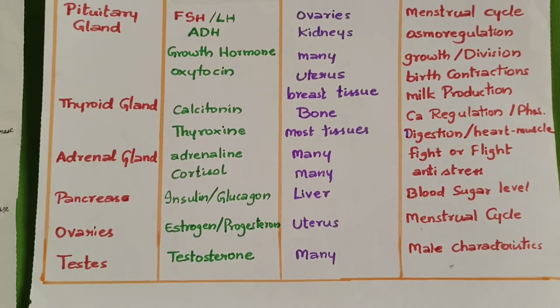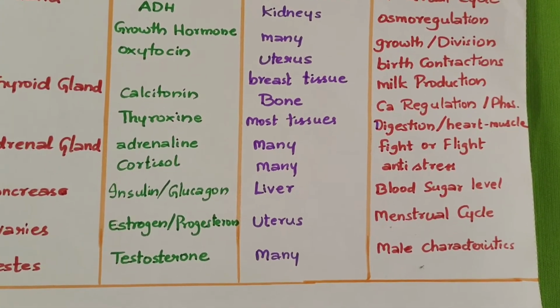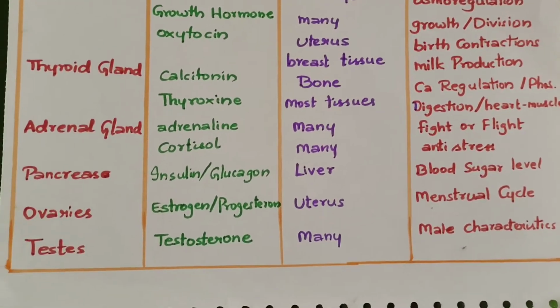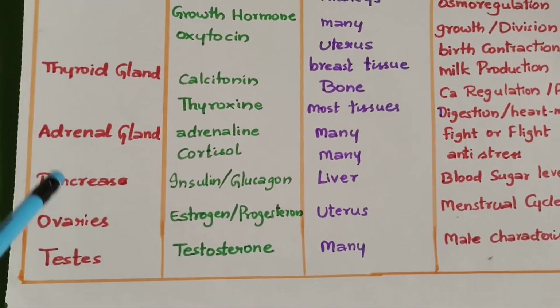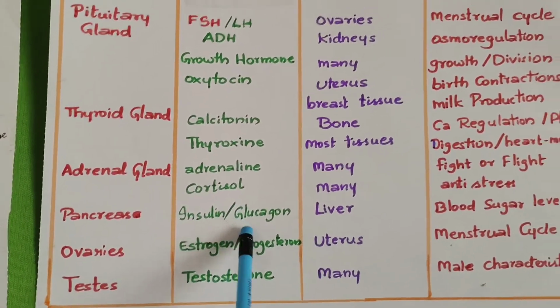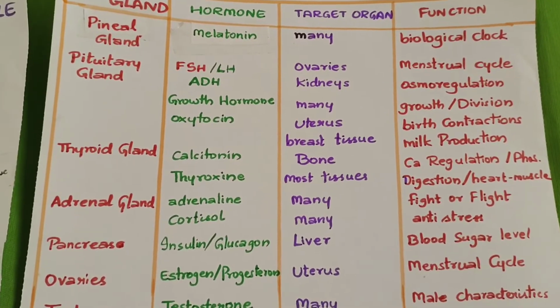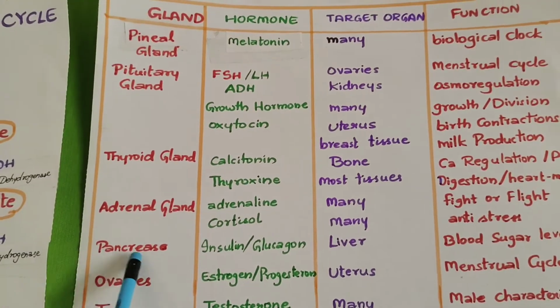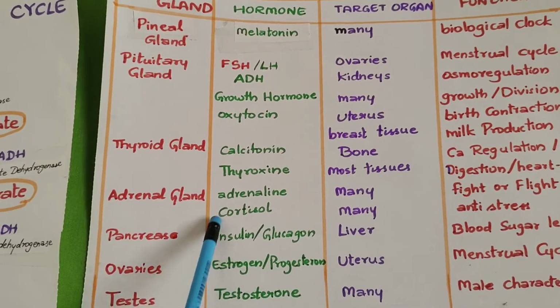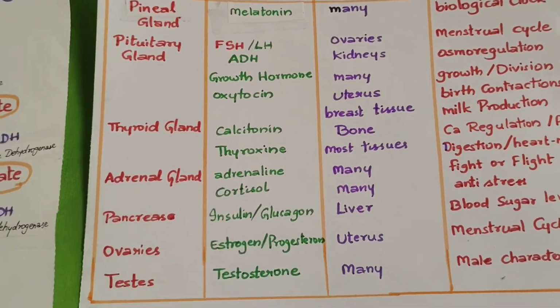Whenever you're doing yoga and meditation, it boosts the production of cortisol, which will help you to de-stress. Okay. And pancreas, the major hormones are insulin and glucagon. Target organ is liver, and the function is it regulates the blood sugar level. So people with diabetes, their pancreas will not be producing insulin, hence they are given insulin injections.